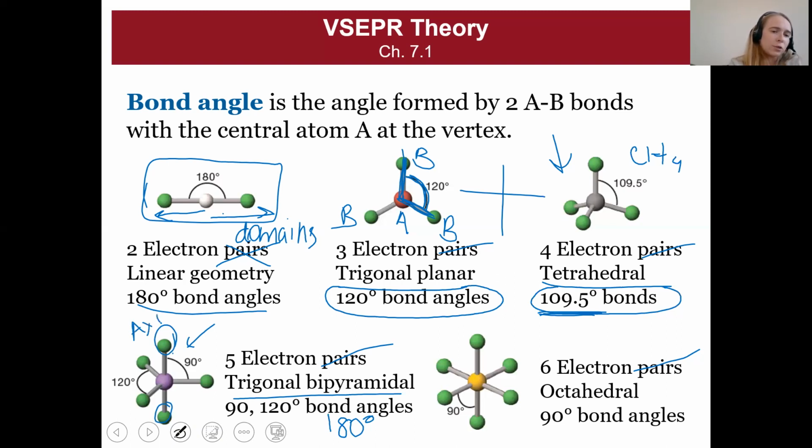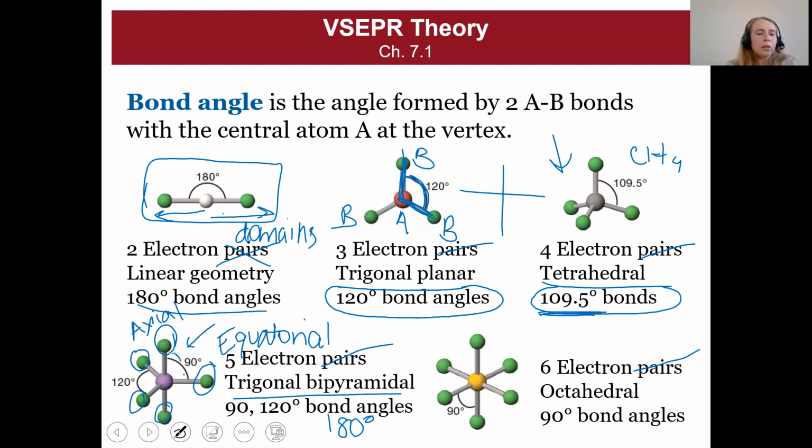They're in the axial position. And these 3 around the center are in the equatorial position. So just like the equator of the Earth, it goes around the middle. So we have 3 equatorial domains and 2 axial domains.